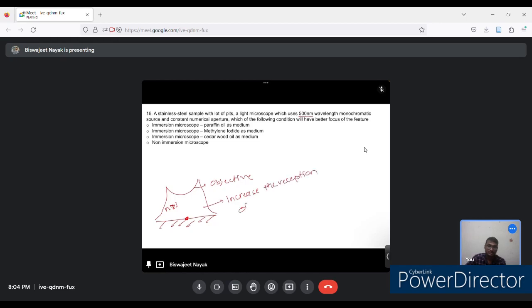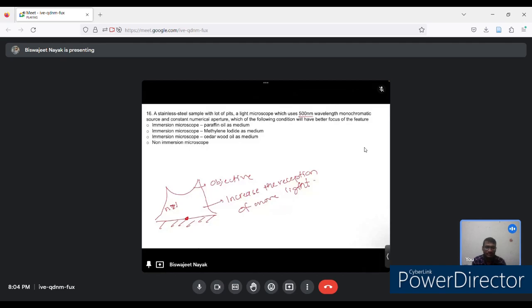So it increases the numerical aperture and eventually the resolution. Whichever material has more refractive index will focus better. Here paraffin oil has refractive index from 1 to 1.4, methylene iodide has 1.75, and cedar oil, which we have already seen previously, 1.2 or 1.5.